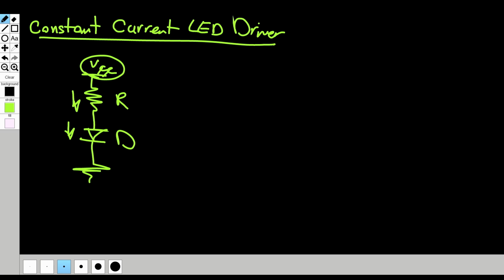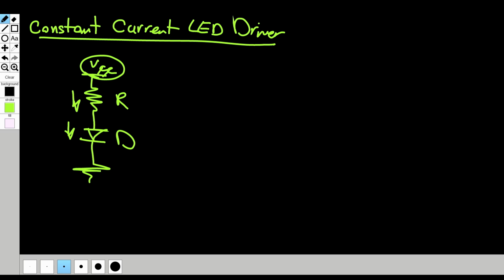You could easily turn on this LED, but the issue is as this VCC, as this voltage changes, so does the current through this resistor and then the current through this LED. And as we all know, with LEDs, the more current flows through it, the brighter it gets, right?